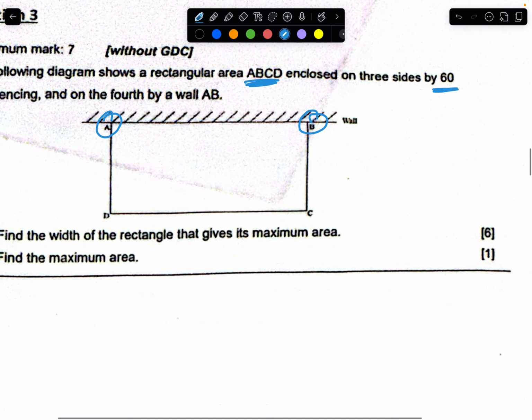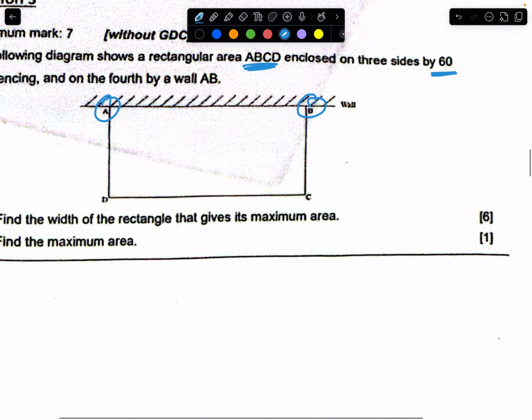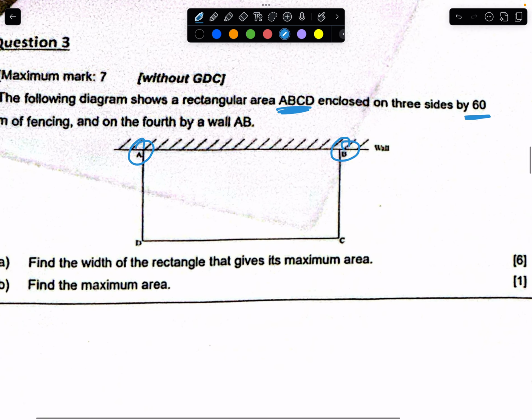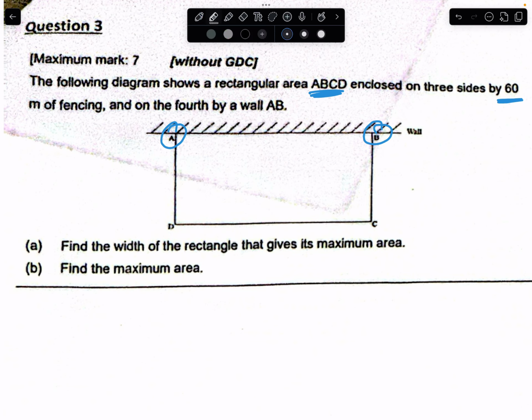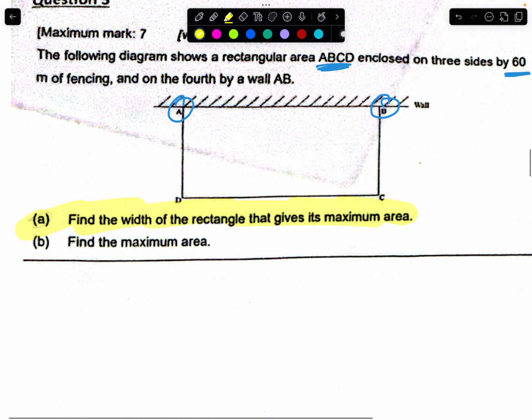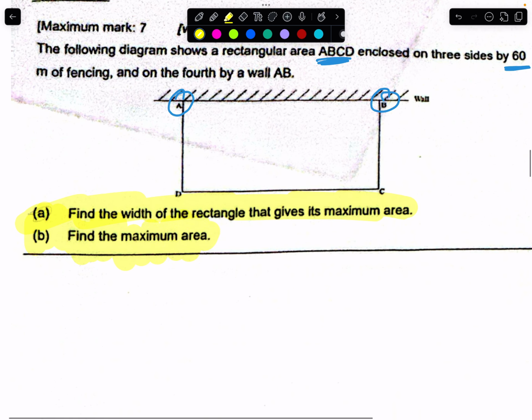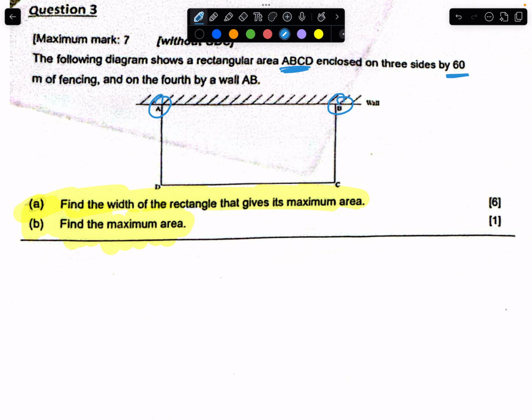The other 3 sides BC, CD, and DA are enclosed using 60 meters of fencing. We're asked to find the width of the rectangle that gives its maximum area, and find the maximum area of this rectangle.